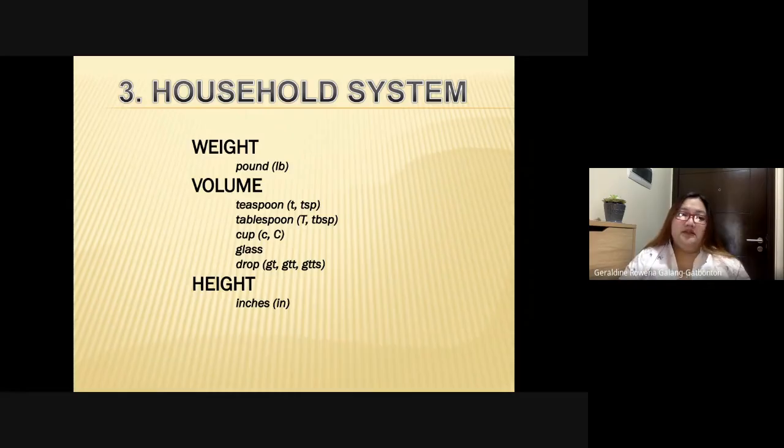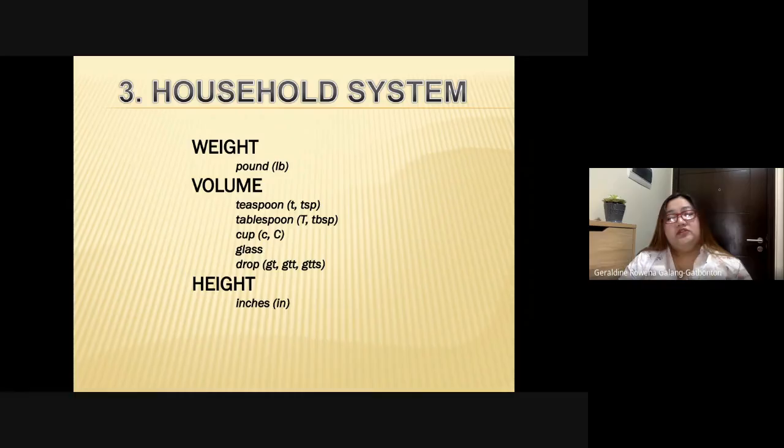For weight, the household system also uses pounds. For volume, 1 teaspoon is 5 ml. 1 tablespoon is 15 ml. 1 cup is about 240, sorry, that's 1 glass. 1 cup is 180 ml. 1 glass is 240 ml.